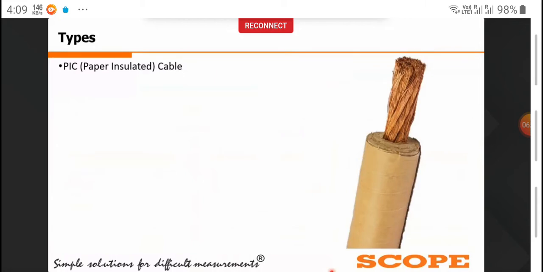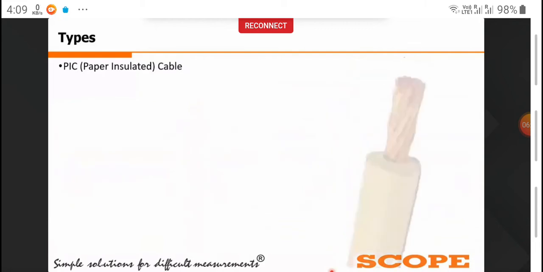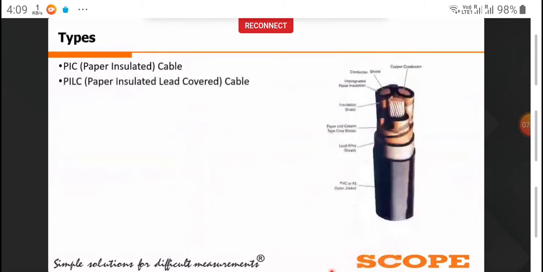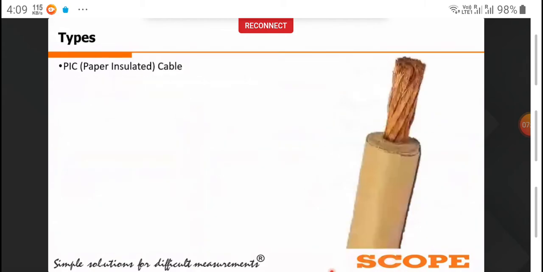The paper used is an impregnated material, which is low cost and provides high dielectric strength, but it is very hygroscopic in nature. So that's why it is used for smaller installations like household and LV applications.